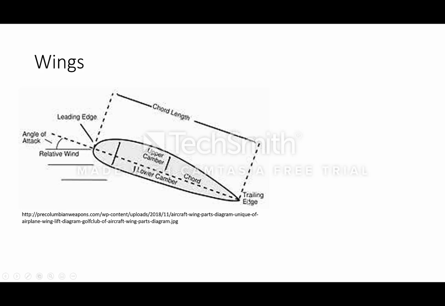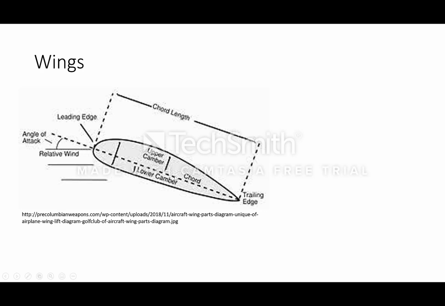It has to meet back up here at the trailing edge at the same exact time. So the air that comes up and has to take the longer path over the top of the wing has to move faster. Okay, so that faster moving air creates less pressure. That's called Bernoulli's principle. And less pressure above the wing and more pressure below the wing equal lift. So your wing is lifted and your plane is lifted up.